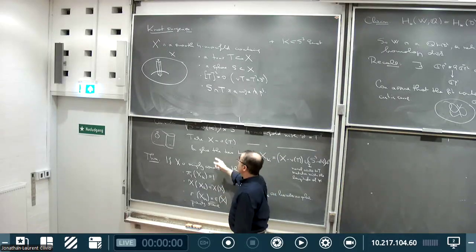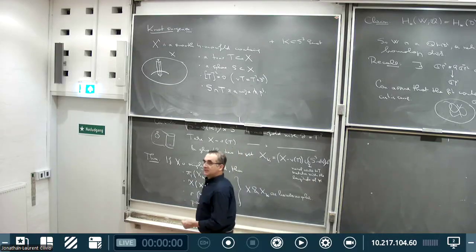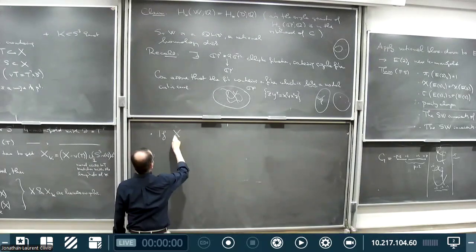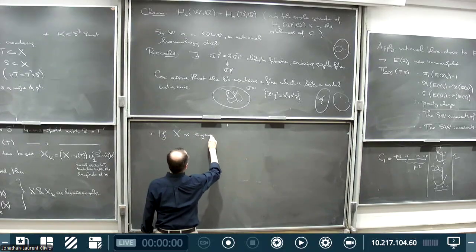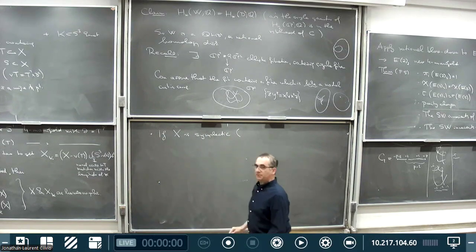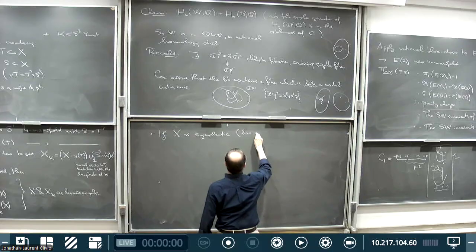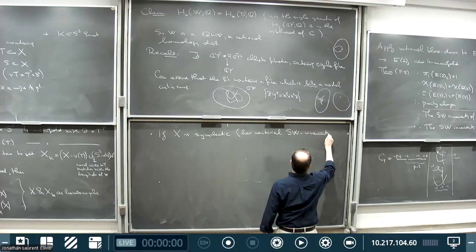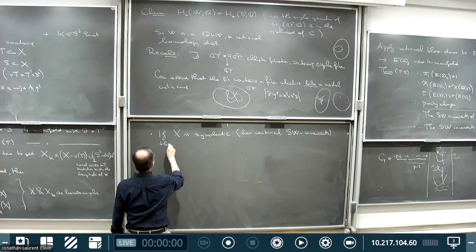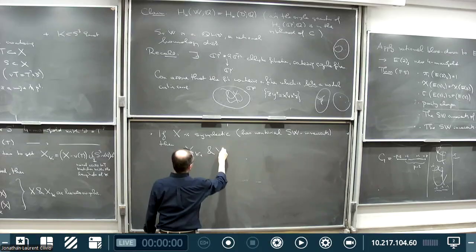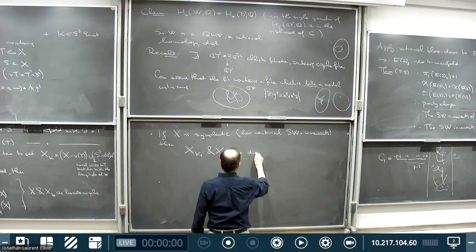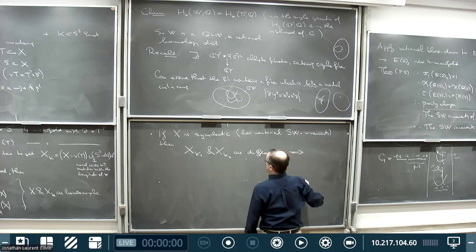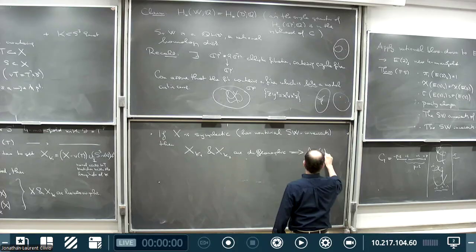So X is simply connected, and if X is symplectic, which for the present purposes only implies that it has non-trivial Seiberg-Witten invariants, then X_K1 and X_K2 being diffeomorphic would imply that the Alexander polynomials of the two knots are the same.